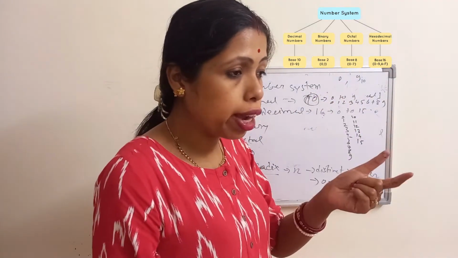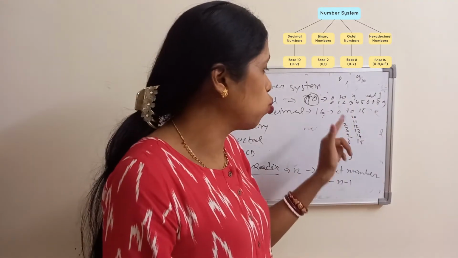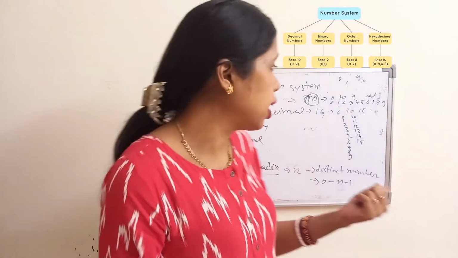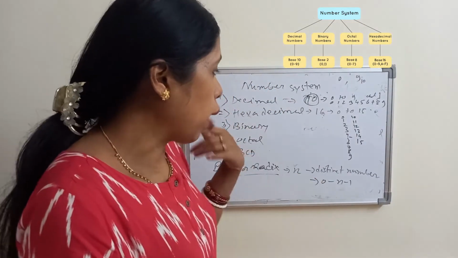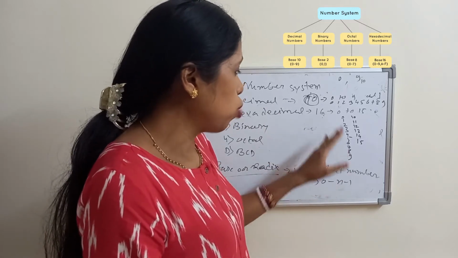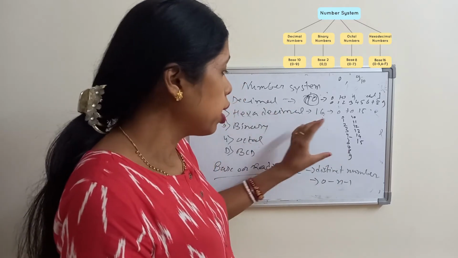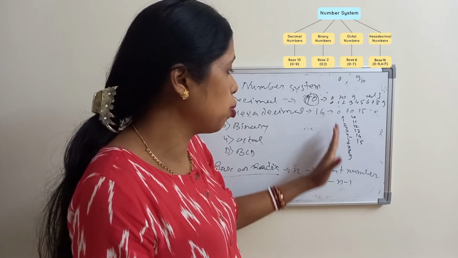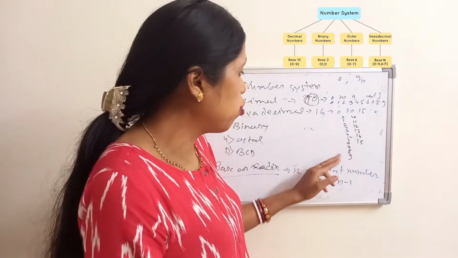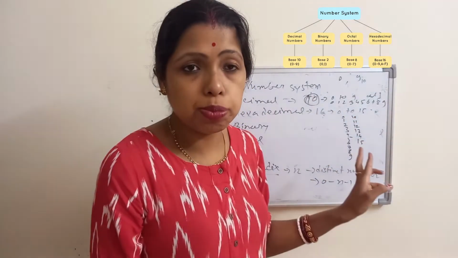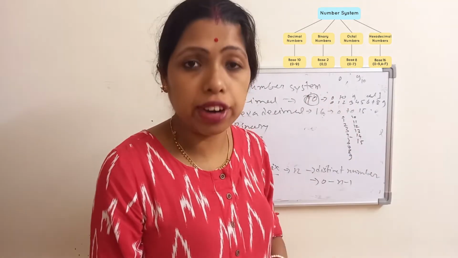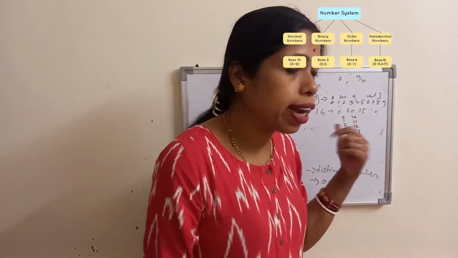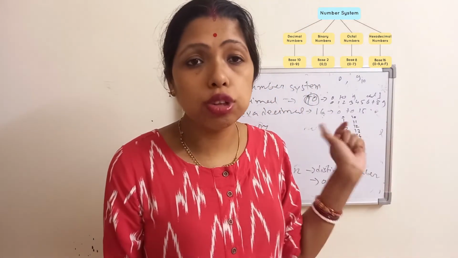If you represent 0 to 9, how can you write 10? It consists of 1 and 0, and these two distinct numbers are already there in decimal. 0 to 9 decimal and 0 to 9 hexadecimal are almost the same. But if you go to 10, 10 as a hexadecimal and 10 as a decimal are different. That I will tell later. They are different due to the base.